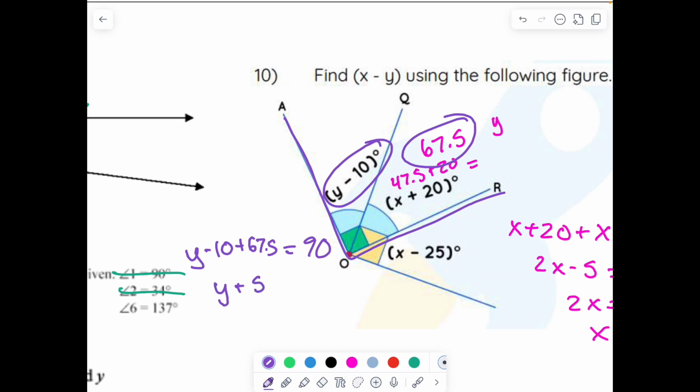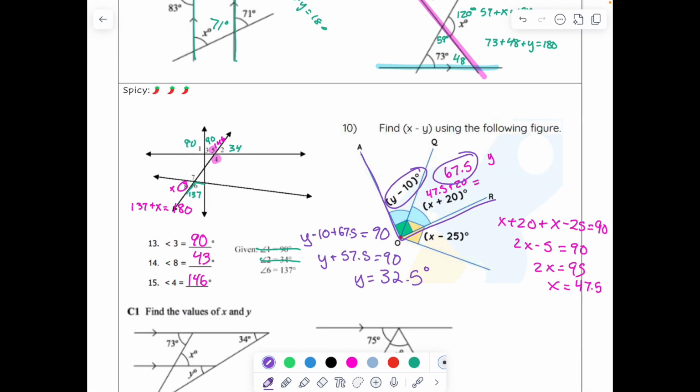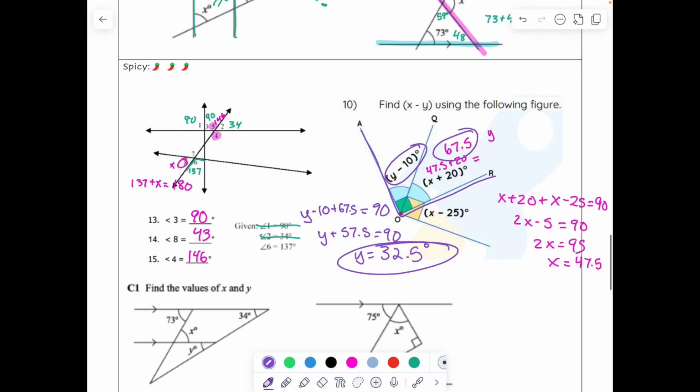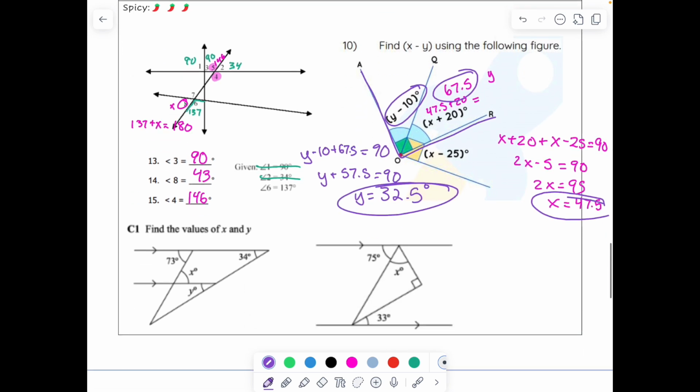So y plus 57.5 is 90, and 90 minus 57.5 is 32.5 degrees. That is y. Okay, so x and y.